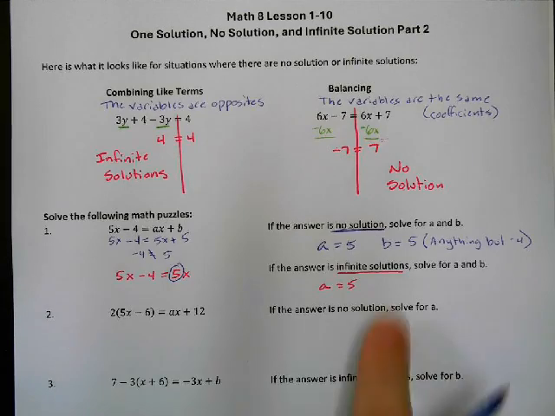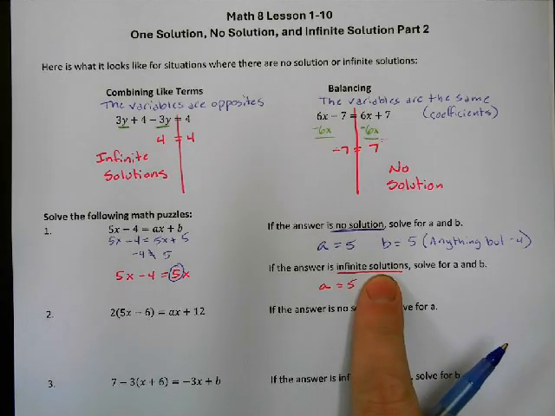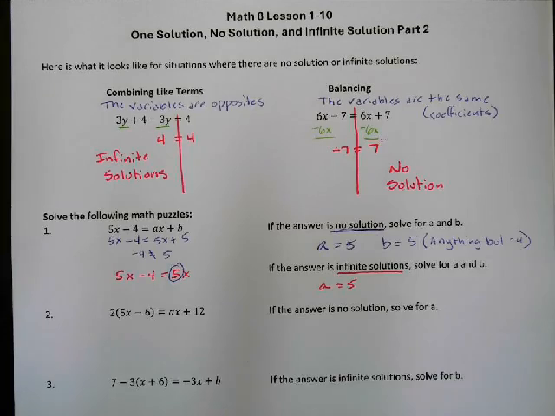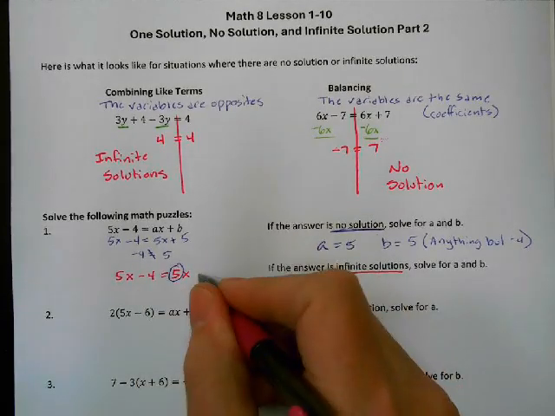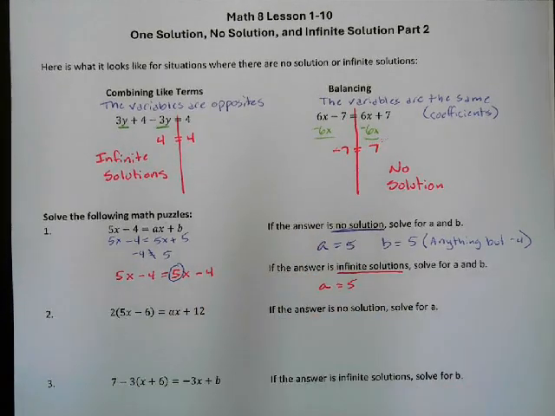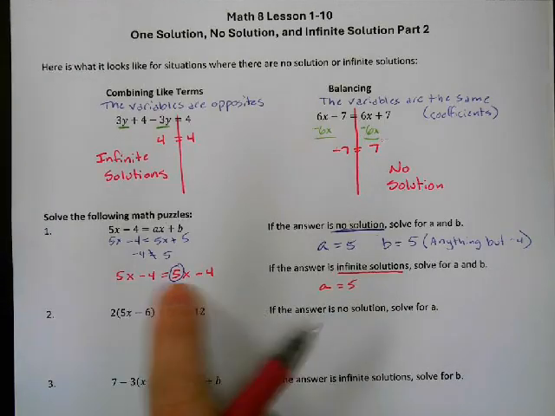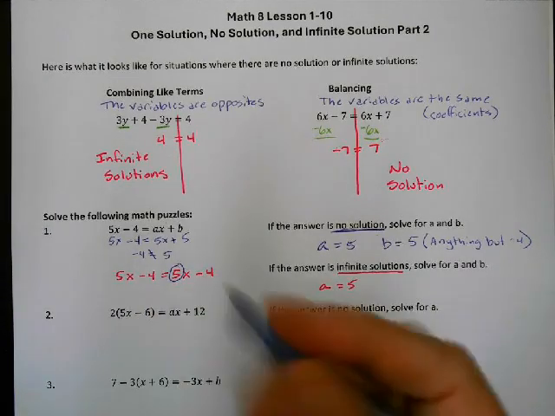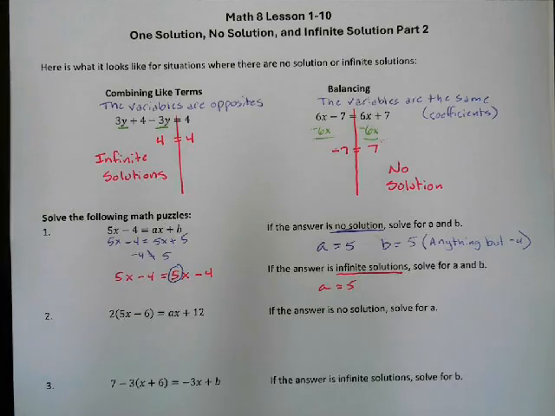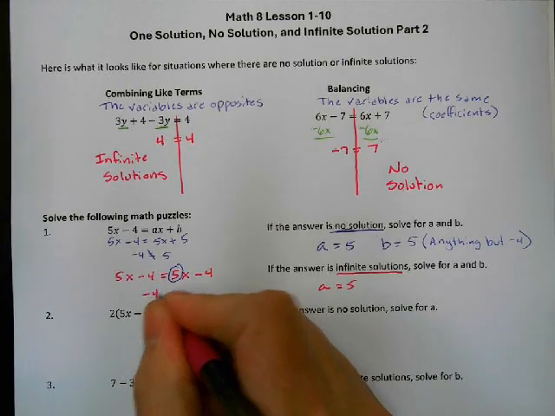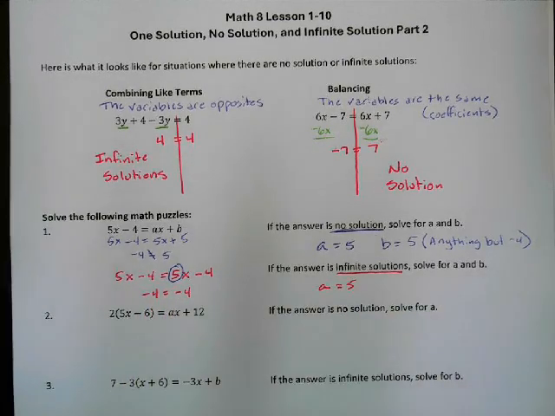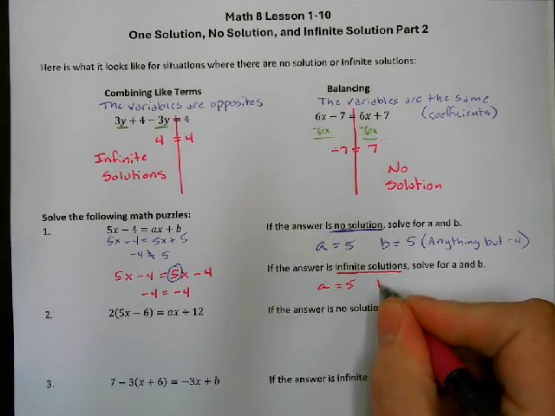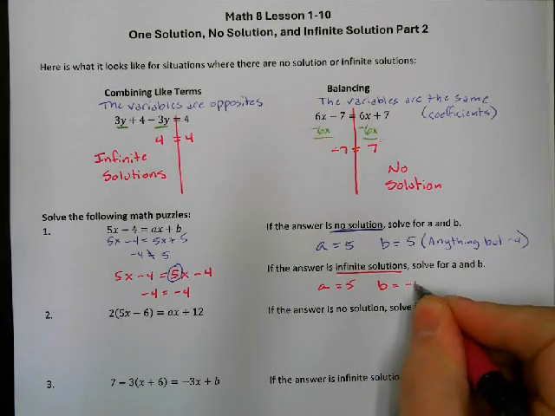Now for it to be infinite solutions, I have to have the exact same constant number over there. So now when we subtract 5x and the x's cancel each other out, we're going to end up with -4 equals -4. So the b value for this one has to be -4.